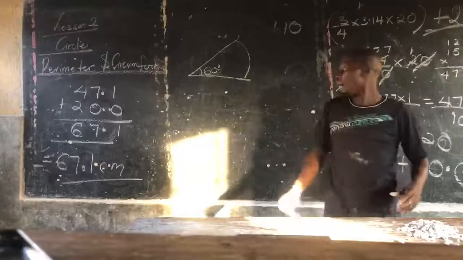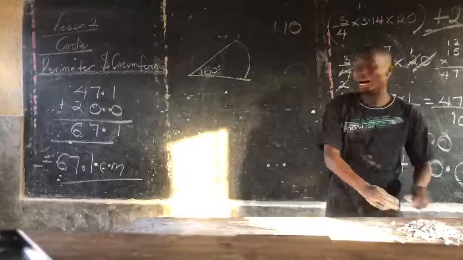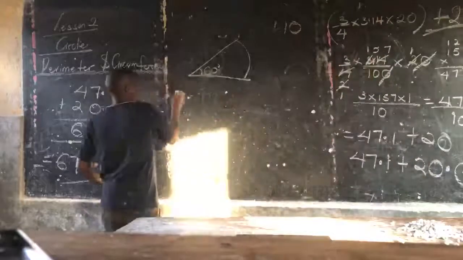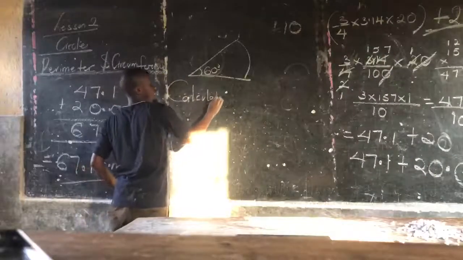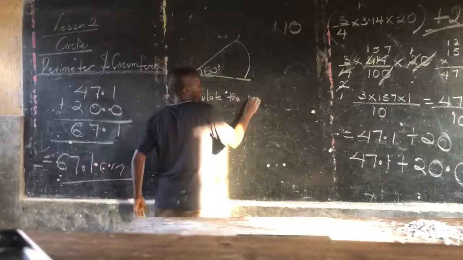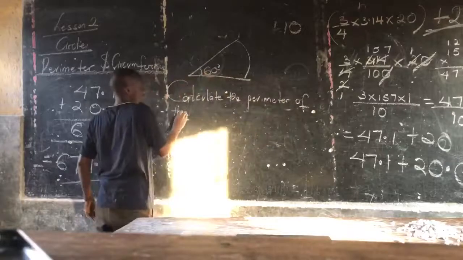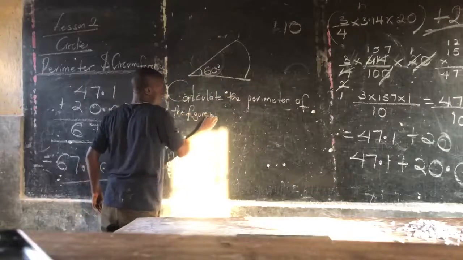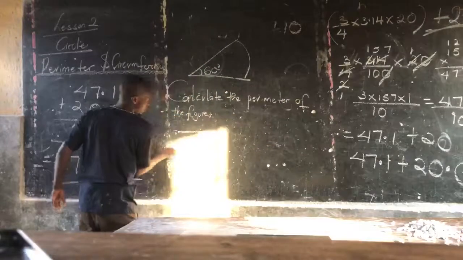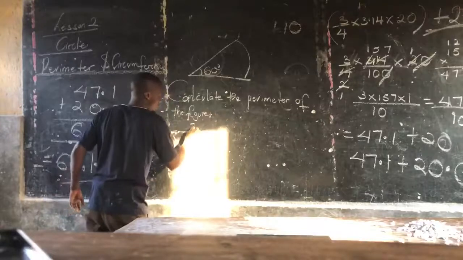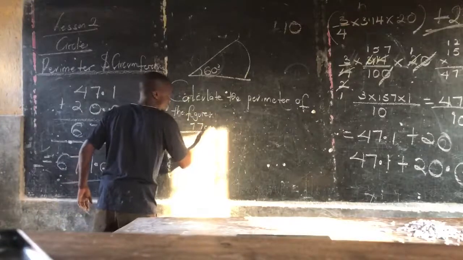This is math. I'm going to leave you with one question here. Calculate the perimeter of the figures. Figure number 1: 77 centimeters.